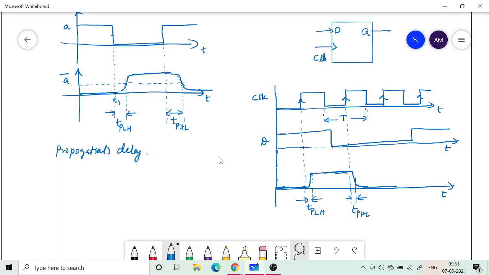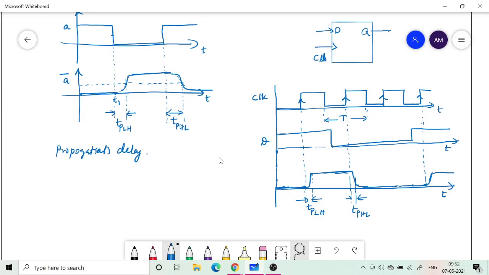The same thing continues, and again you have to wait for the next active edge of the clock, and if the input is high, then the output goes again to high. So the output follows the input, but only during the active edge of the clock. If the active edge is the positive edge, it will happen like this. If it is the negative edge, then the opposite transitions will happen.